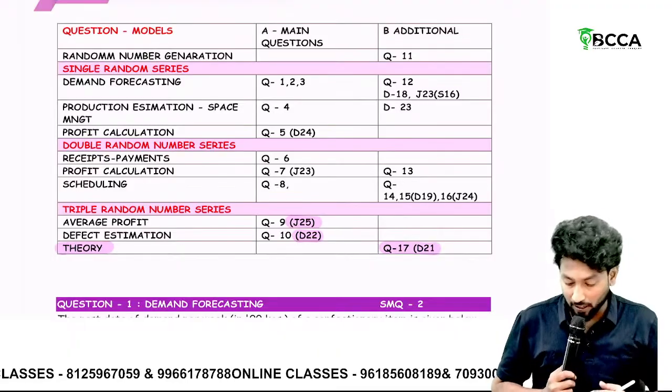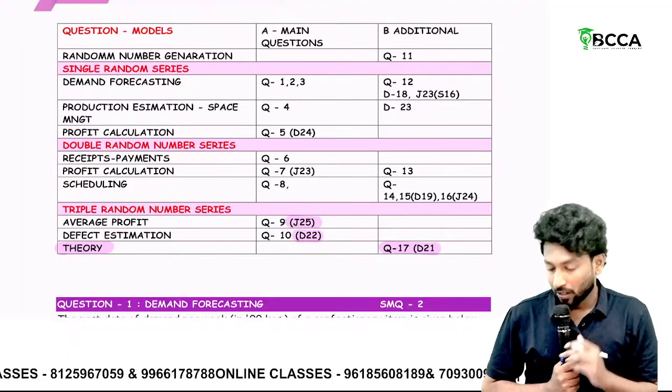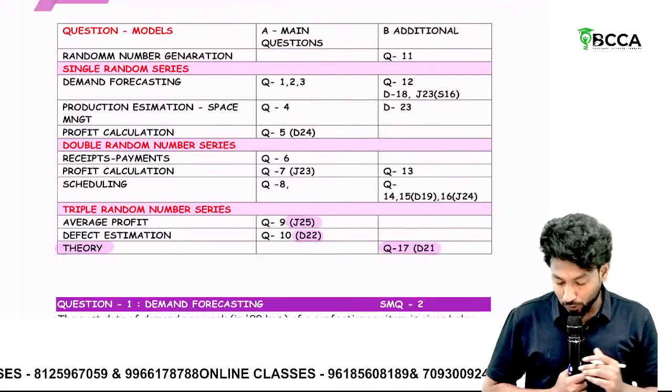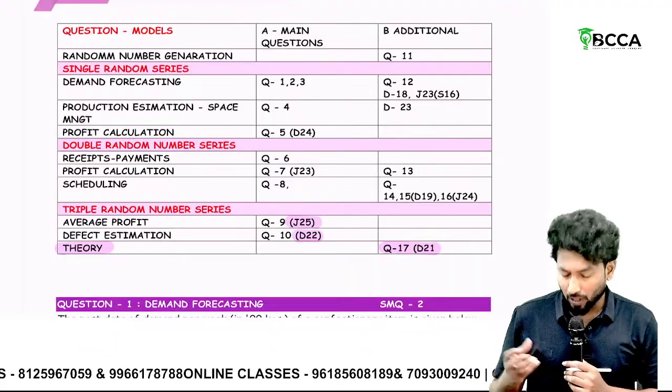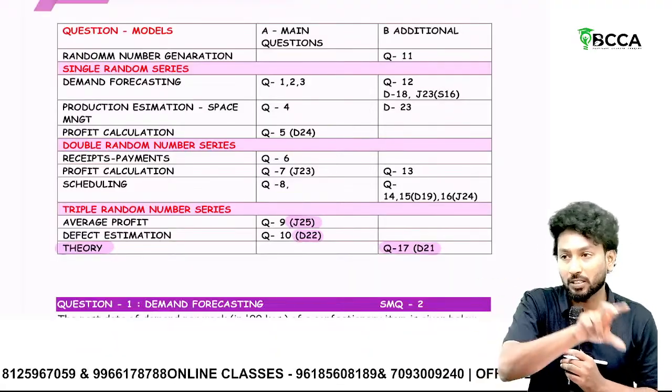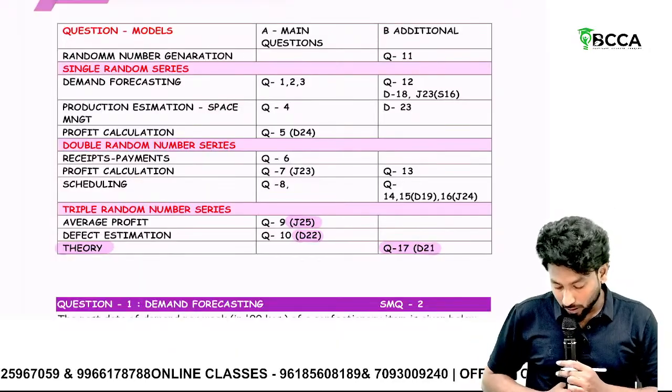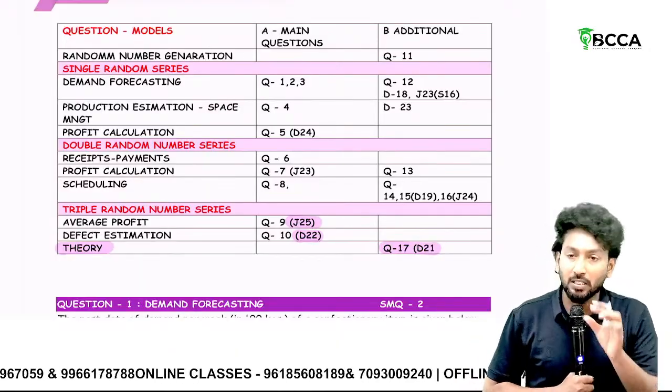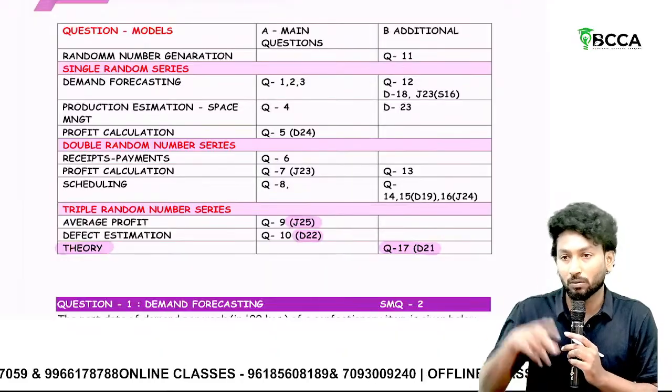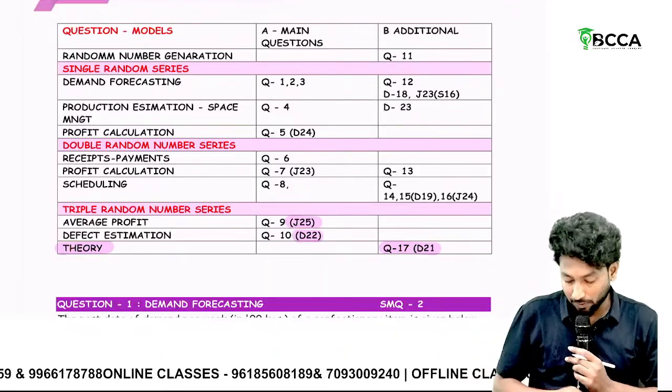If one series of random numbers is there, we have to create one series of range. If two series of random numbers are there, we have to create two separate series of range. If a triple random number series, three series of random numbers, is there, we have to write three series of range.